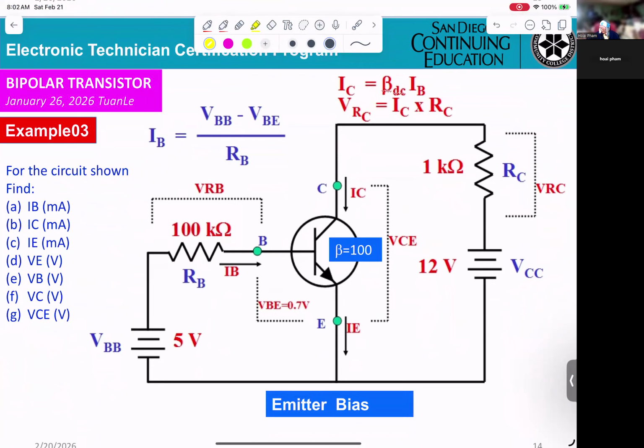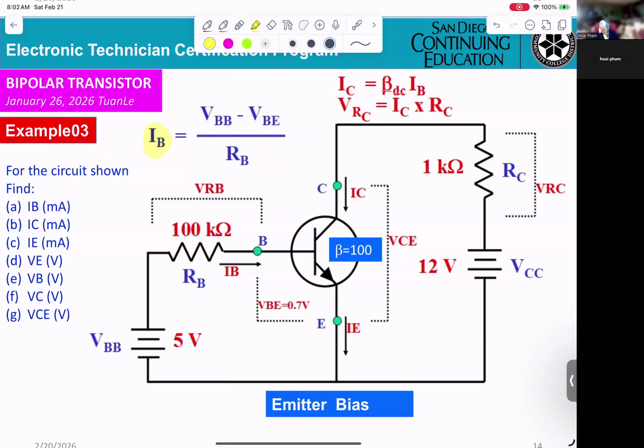Okay, for the circuit, fine. IB, IC, IE, we already know. First thing you need to calculate is IB. This is the formula: VBB minus VBE, divided by RB, you get IB.